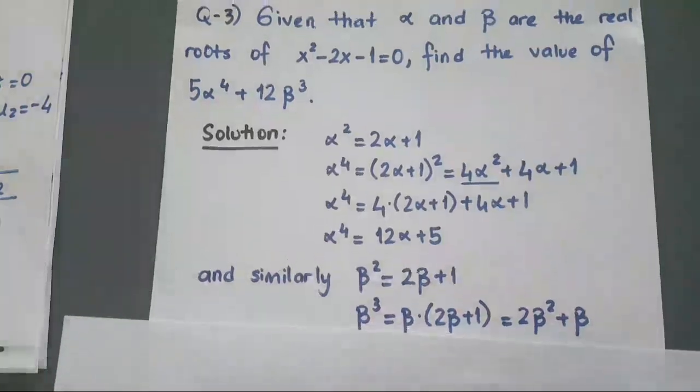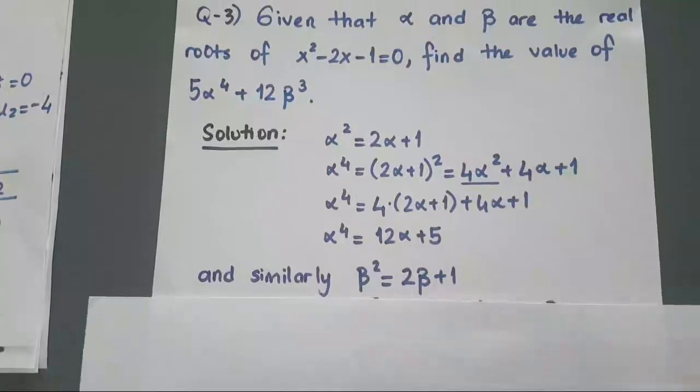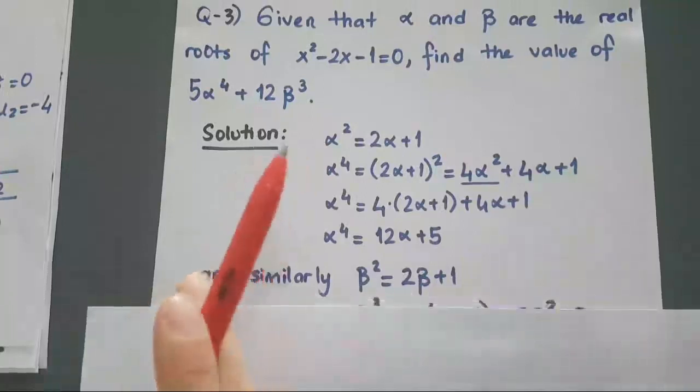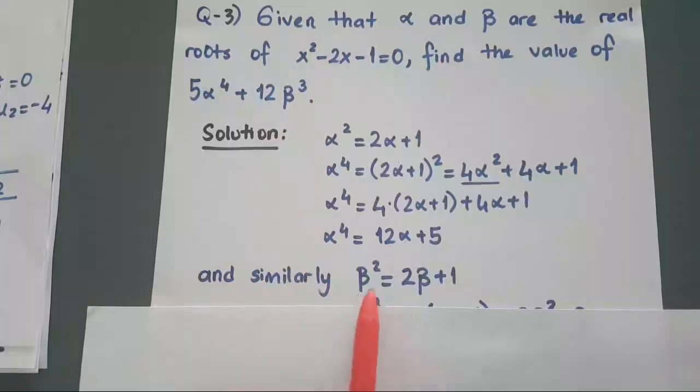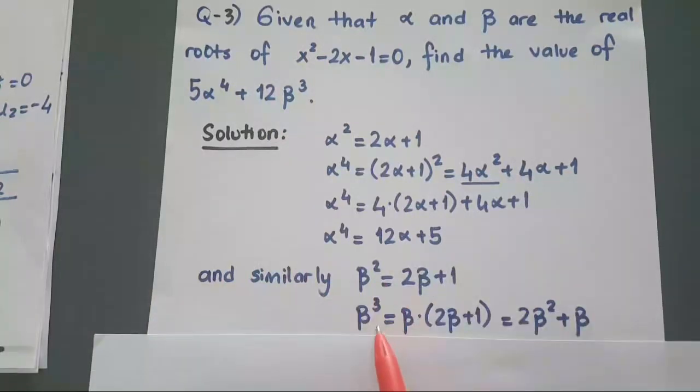So, by the same method, when we substitute beta in the equation, we got beta squared is 2 beta plus 1. If beta squared is this, how can I find beta cubed? I will multiply beta squared by beta. When I do that, I will get 2 beta squared plus beta. We know what beta squared is.